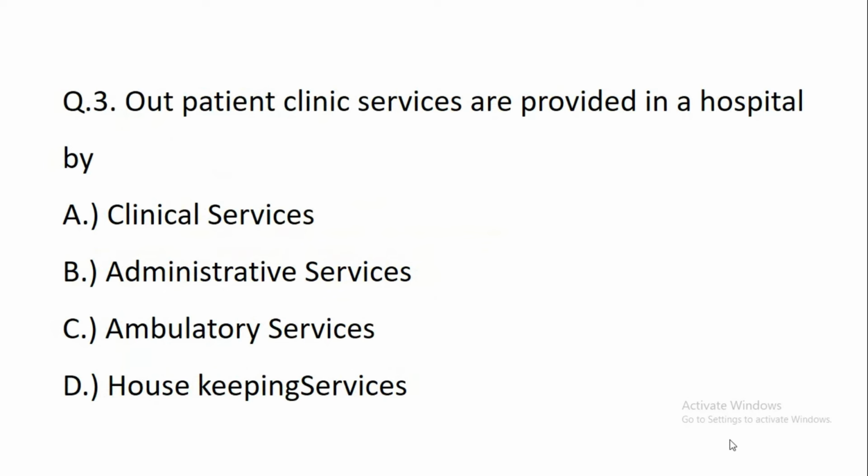Question number 3. Outpatient clinic services are provided in a hospital by choice A, clinical services; B, administrative services; C, ambulatory services; D, housekeeping services. The answer is ambulatory services. Question number 4.